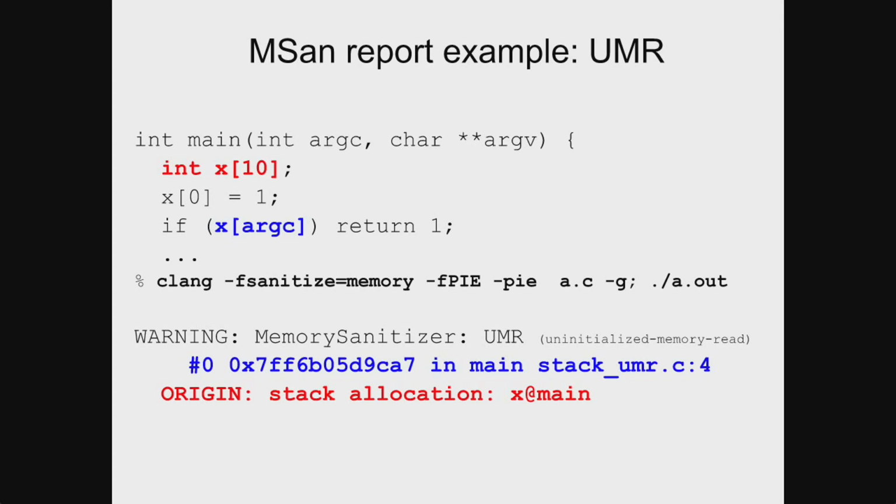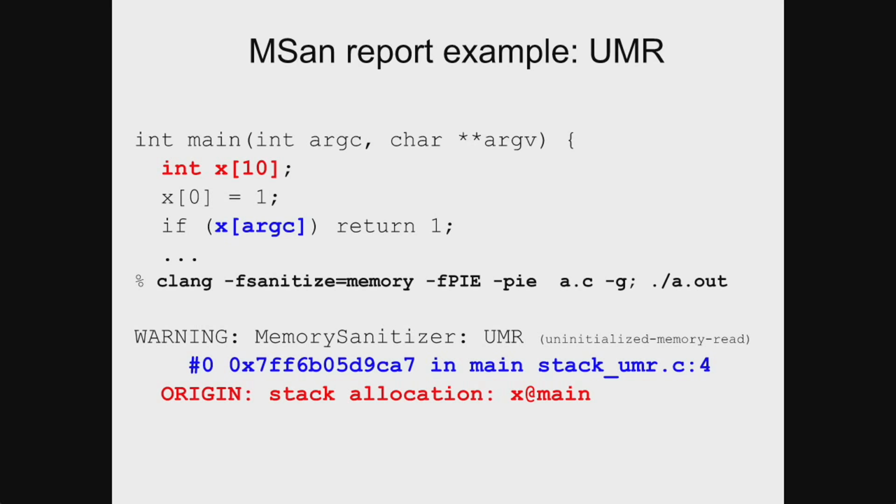The nuclear missile may go into wrong direction, but otherwise no one will notice, except for MSan. Of course, Valgrind also finds these bugs, but the speed of Valgrind doesn't allow you actually to use it as widely as we expect this tool to be used.